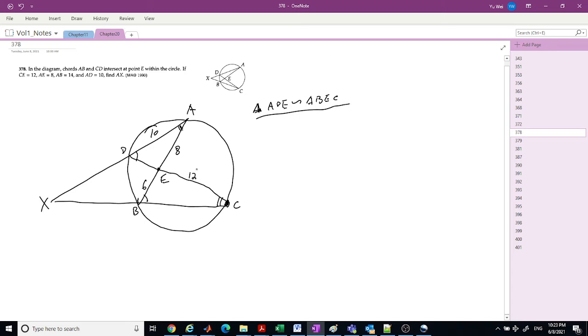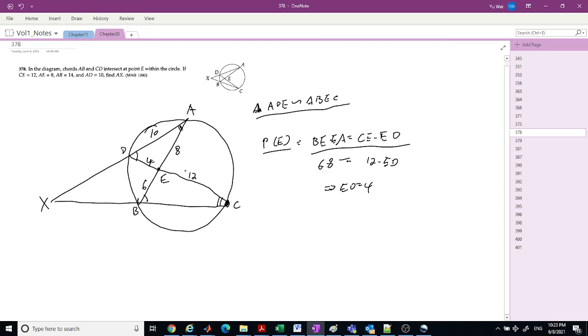Before we do that, we use the power of the point E. So power of the point E tells us BE times EA is equal to CE times ED. So we can solve for ED. So it's 6 times 8 equals 12 times ED. Then it's 48, so ED equals 4.